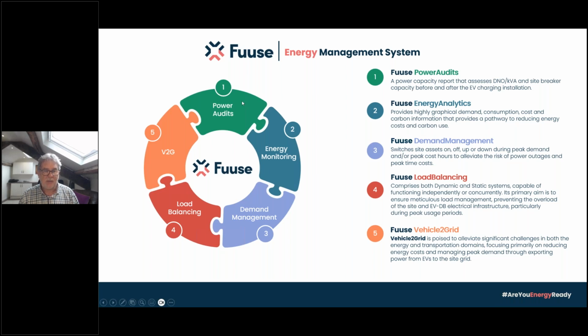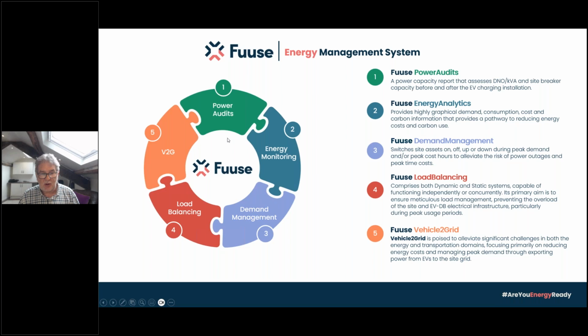It'll help look at the impact on the electrical infrastructure. A world-class energy monitoring package, which can then lead into demand management to switch devices on or off that are identified by the energy management team. And we'll have a look at some case studies about that in a minute.